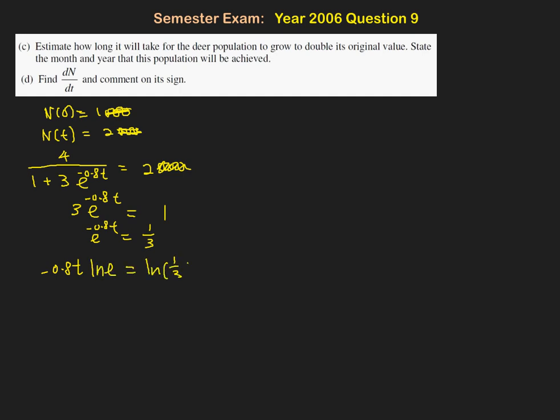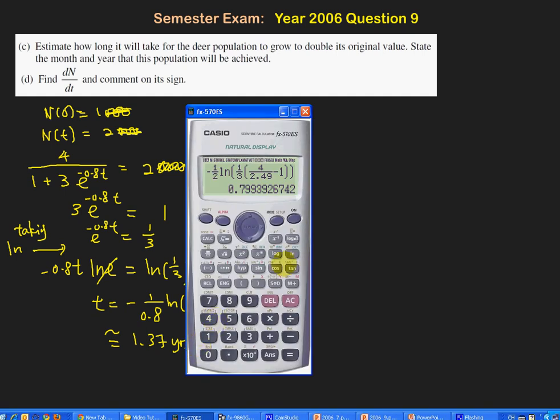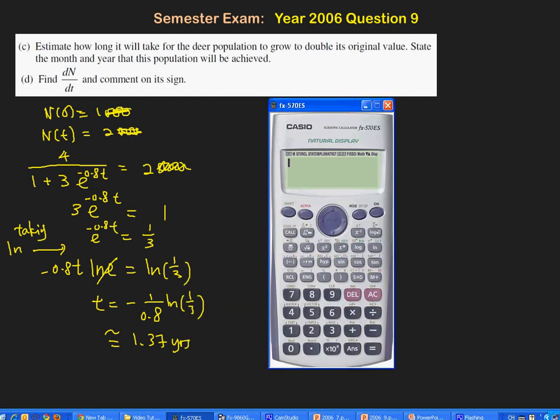Okay, so here we're actually taking ln to both sides, and this is just 1, so therefore t is, right, if you calculate this, approximately 1.37 years. The part is this decimal part, so 0.37 times 12 months is roughly 4.4 months.